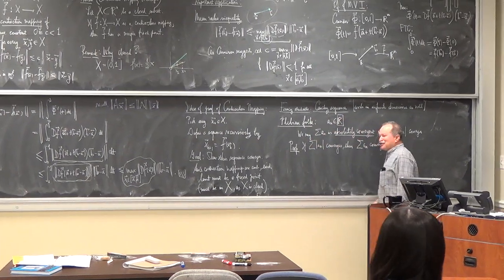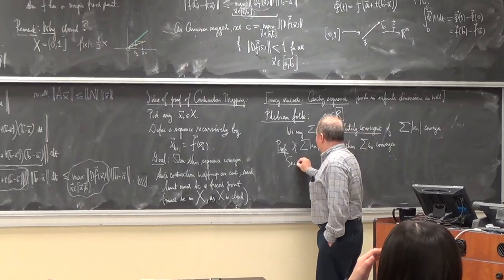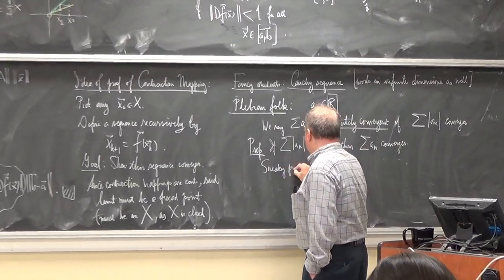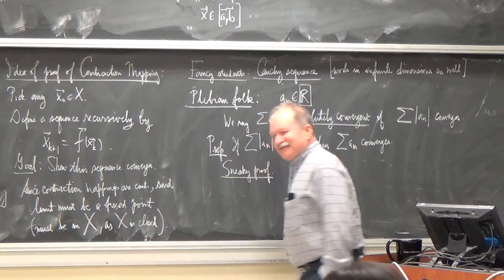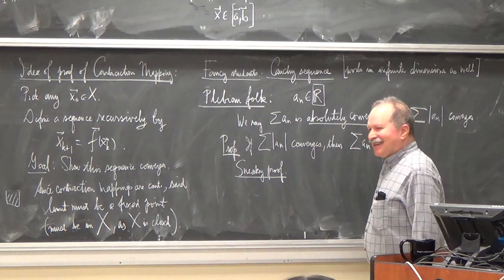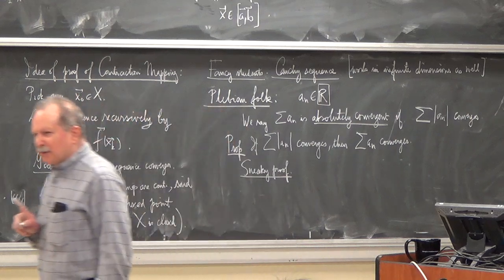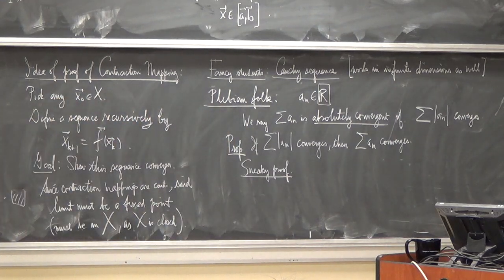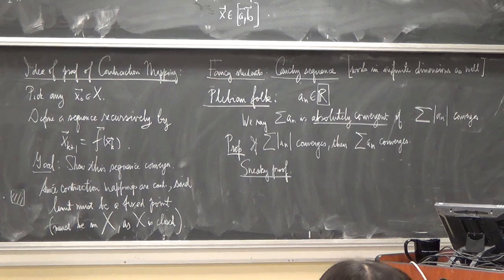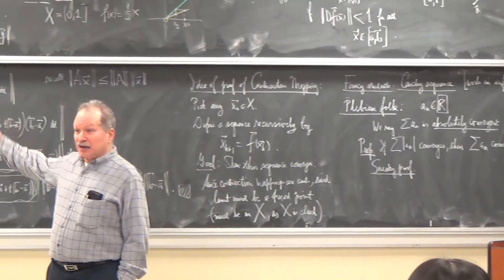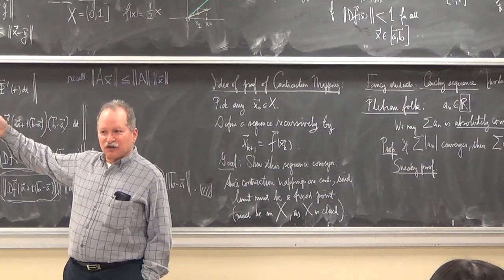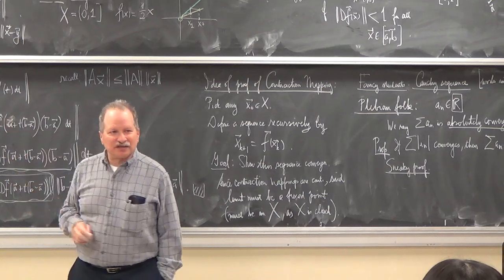All right, so here's the sneaky proof. And no, Jonathan, you're not responsible for this on the test. All I do expect you to remember is comparison for series. If you have one series that's dominated by another series and the dominating series converges, then the original one does.